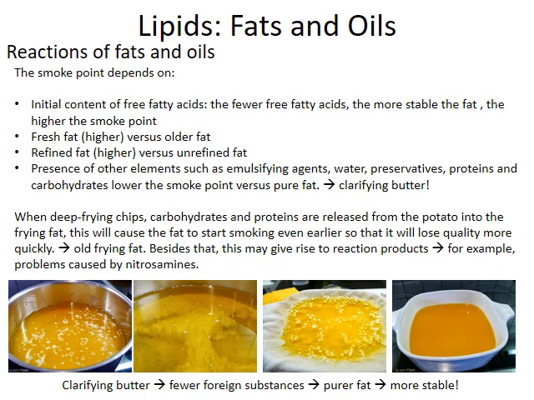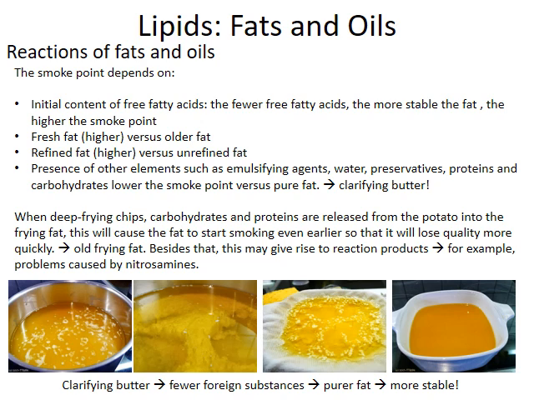Now, the smoke point or the height of the smoke point depends on certain factors. First of all, the content of free fatty acids. So the less free fatty acids, the more stable the fat, the higher the smoke point.